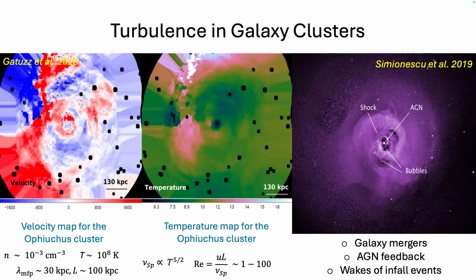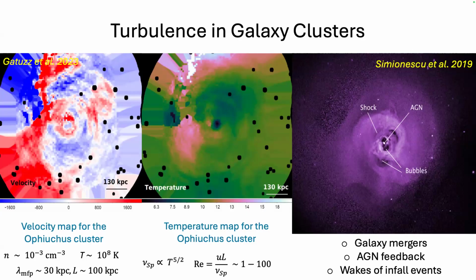So another important number to study turbulence in gas and plasmas is the Reynolds number, which is just the ratio of the velocity times the length scale divided by the viscosity. And the viscosity that I've written here is the Spitzer viscosity, so the transport of momentum in this gas is controlled by Coulomb collisions and scattering.